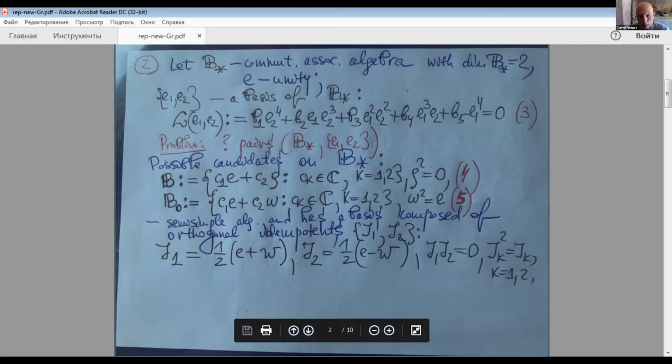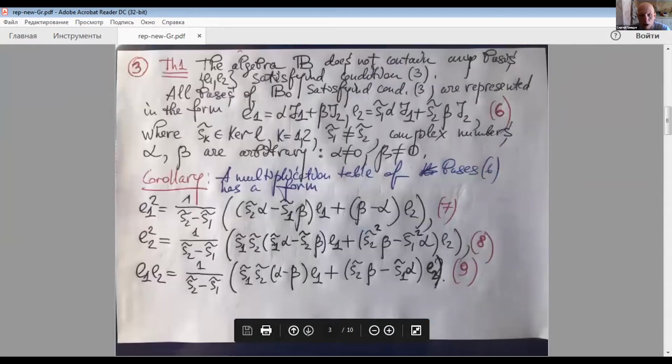So we find the basis elements which you need in the decomposition of this orthogonal basis. So we have theorem 1, which gives an answer to our question.